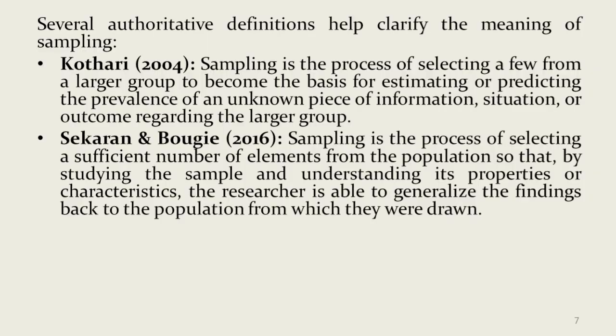Another scholar defines sampling as a process of selecting a sufficient number of elements from the population so that by studying the sample and understanding its properties or characteristics, the researcher is able to generalize the findings back to the population from which they were drawn.